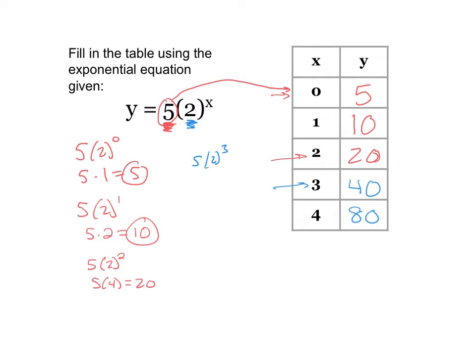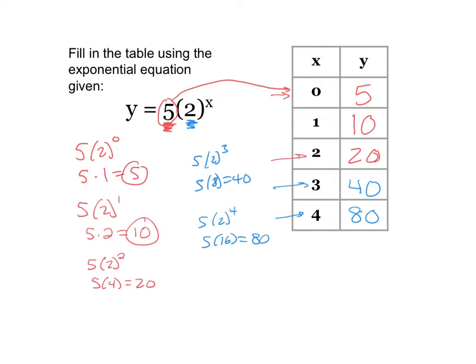And then 2 to the third would happen first, so 2 times 2 times 2 is 8. So it'd be 5 times 8 is 40. And then for the fourth term, of course, it would be 5 times 2 to the fourth. Again, we do 2 to the fourth first. So that would be 2 times 2 times 2 times 2, which is 16. So it'd be 5 times 16 is 80.